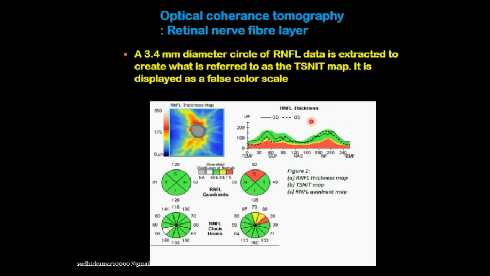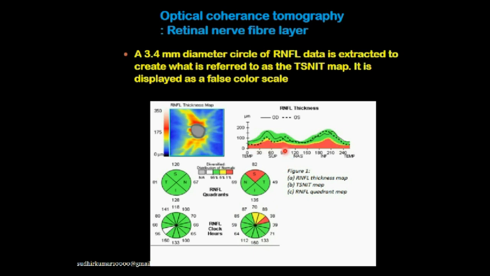And the same data can be seen in this graph also. Here this circle is cut temporally and is spread like this, that is from temporal to superior to nasal to inferior, then temporal.